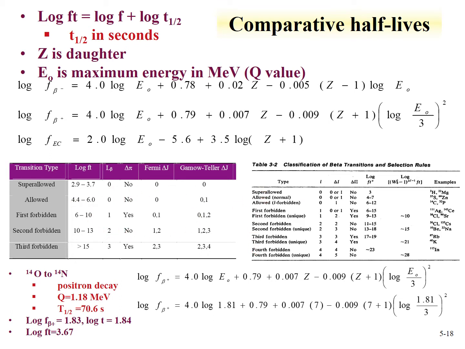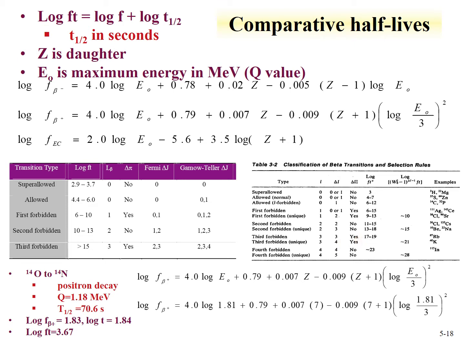What we generally see is that for a given type of transition, there will be a value for a spin change and a parity change. So for instance, a first forbidden will tend to have a spin change, depending upon if it's Fermi or Gamow-Teller, of 1 or 2, along with the parity change. Second forbidden, 2 or 3, no parity change. Third forbidden, 3 or 4 with the parity change, etc.